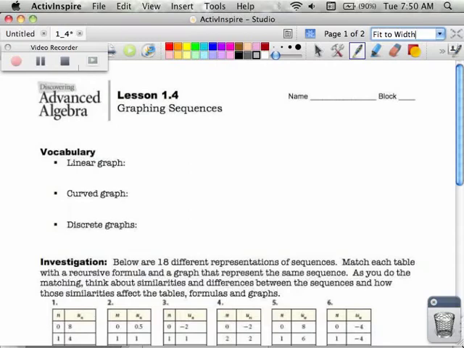So a linear graph is one where all the points lie on a line.